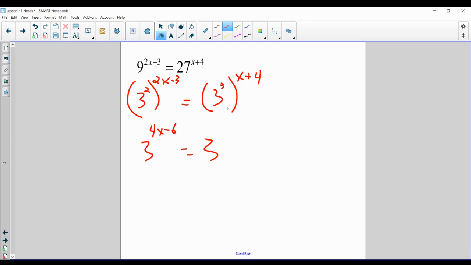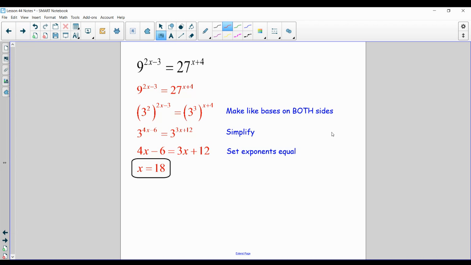And this would be 3 to the 3x plus 12. So you're multiplying 2 to that, and you're multiplying 3 to that. Same bases, set the exponents equal to each other, and solve. So if you subtract the 3x over to this side, add the 6 over to this side, you will get x is equal to 18.